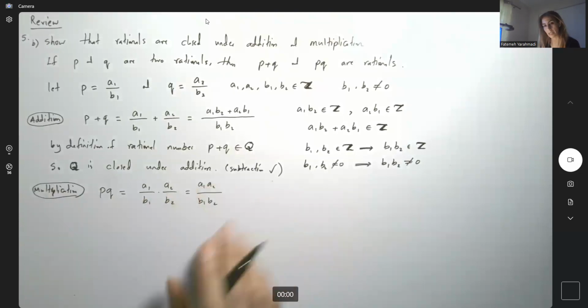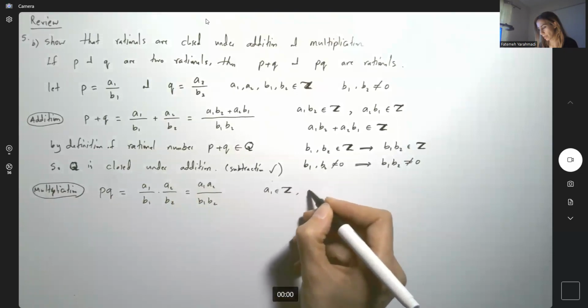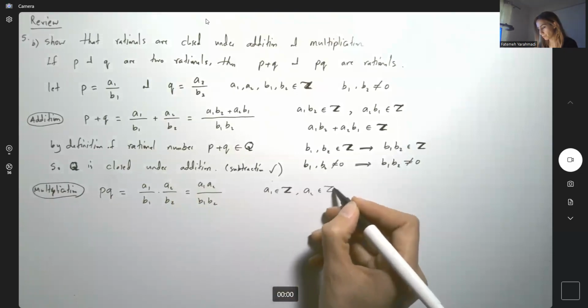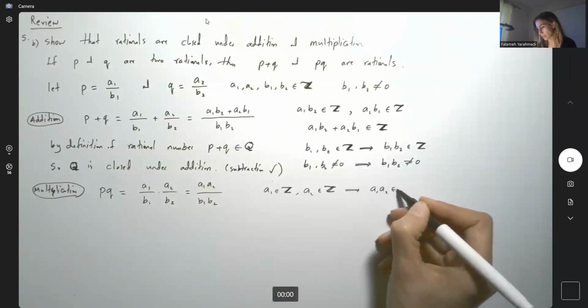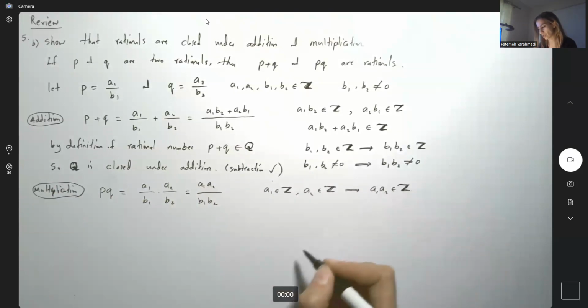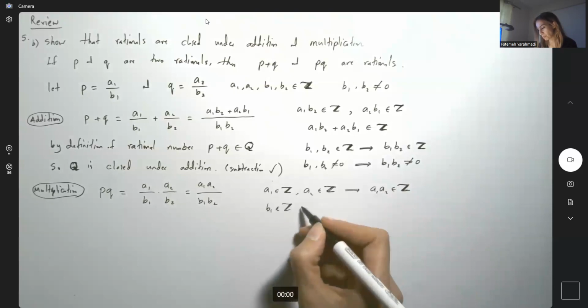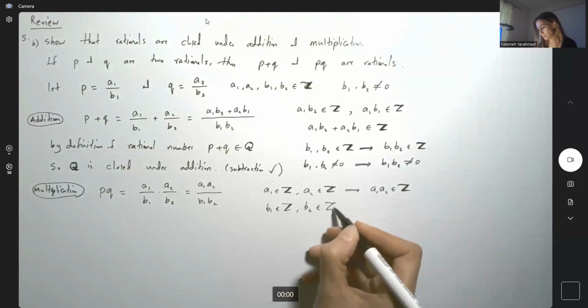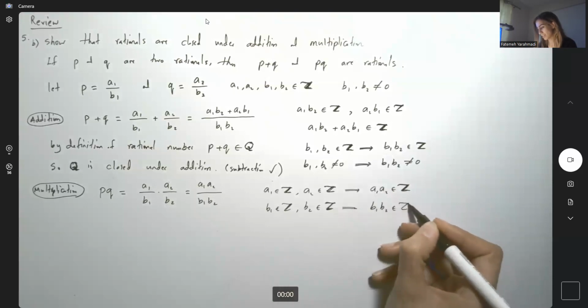But there's the same analysis. A1 is an integer. A2 is an integer. So their product, as we know, is an integer because integers are closed under multiplication. B1 is an integer. B2 is an integer. We can conclude that B1 times B2 is an integer.